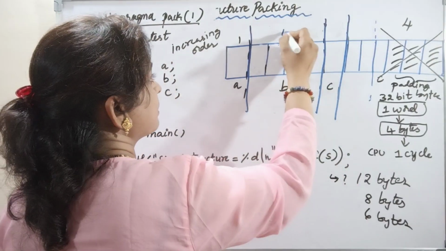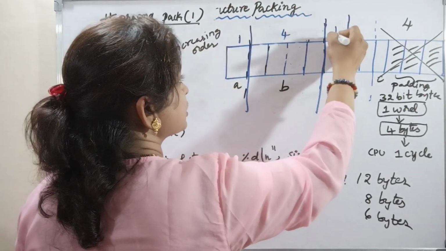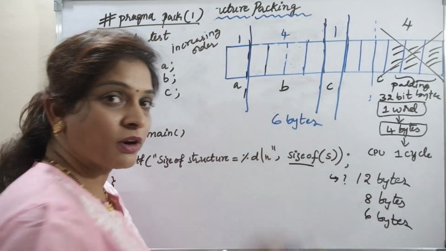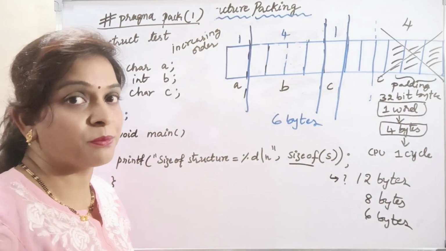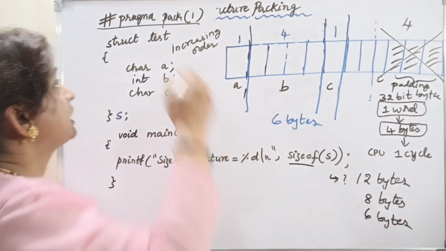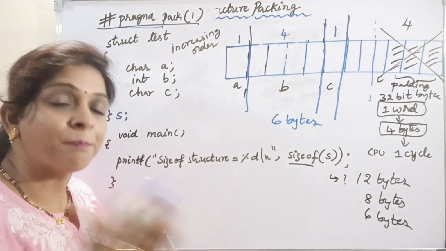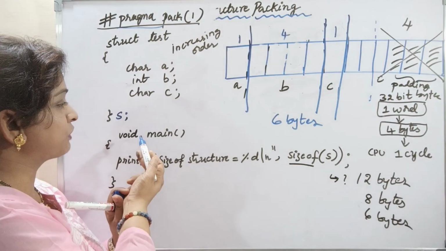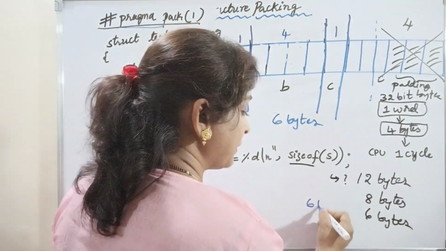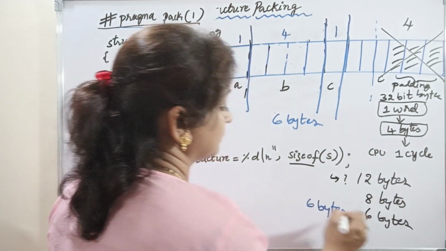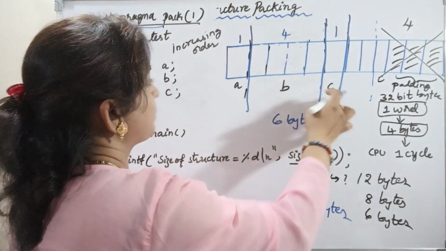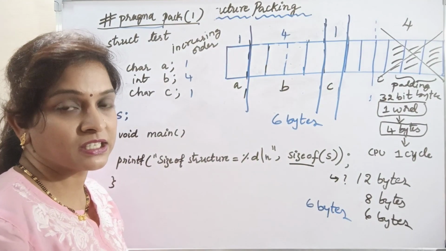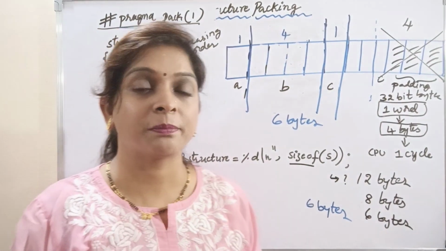So it is 1 plus 4 plus 1. It is again 6 bytes. So if the programmer fails to arrange the members in increasing order, this pragma will help to pack the data. If I print the size of the structure, it is again going to print 6 bytes only. So this is structure packing.